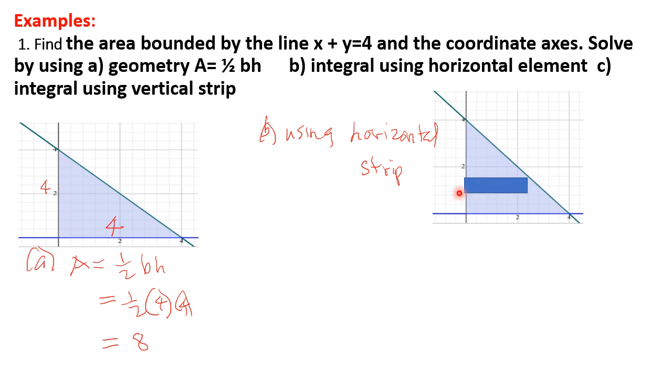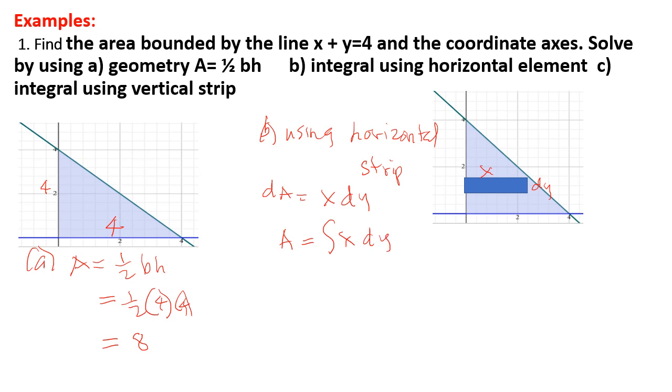The small element area dA equals, this side is x, and this one is dy. So this one is your x, this one is your dy. So your dA is simply equal to x times dy. Integrating both sides, you get A equals the integral of x dy.